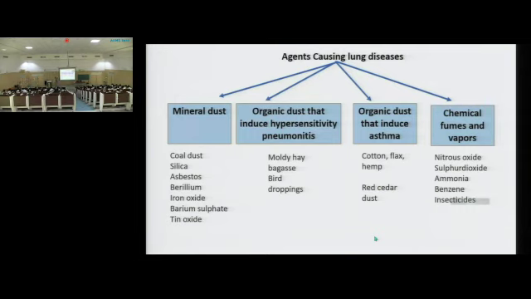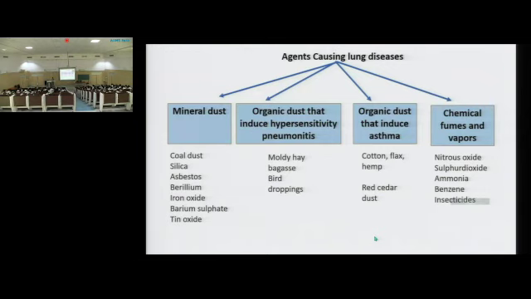We will see one by one the common things which occur. So what are the substances which come under mineral dust? They can be coal dust, silica, asbestosis, beryllium, iron oxide, barium sulfate and tin oxide. All these substances are included under the category of mineral dust.